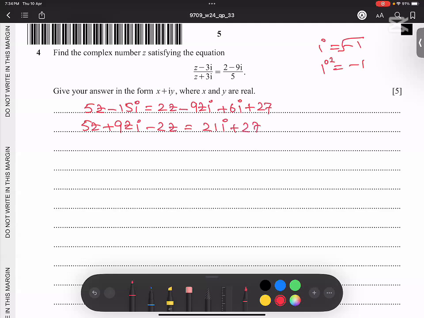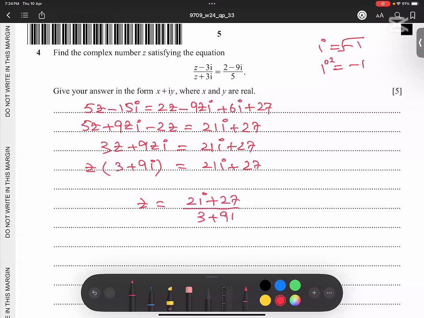Now from here we got 3z plus 9z iota equals 21 iota plus 27. So I can take z common, 3 plus 9 iota, and this goes down. I get z equals 21 iota plus 27 over 3 plus 9 iota.